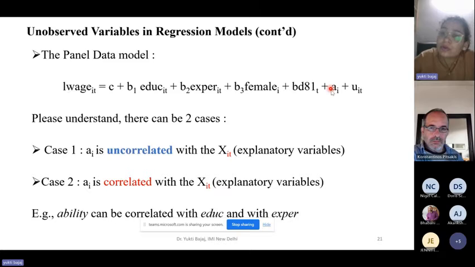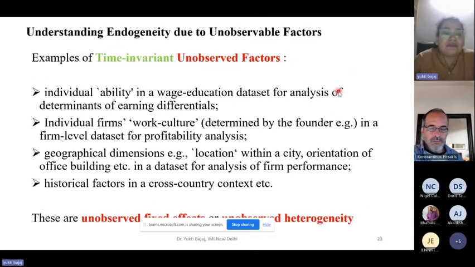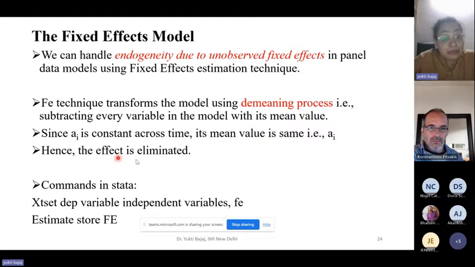Now, please tell me, what is going to be the expected value of this? Since over the years this is time invariant, that means fixed, the expected value will be A_i itself, and A_i minus expected value of A_i cancels itself, and this effect is ultimately eliminated. So this is how we control for unobserved heterogeneity or fixed effects in the model using the fixed effects estimation.